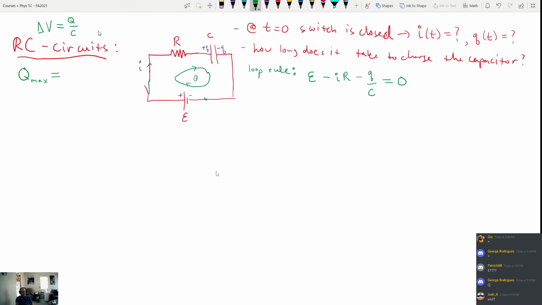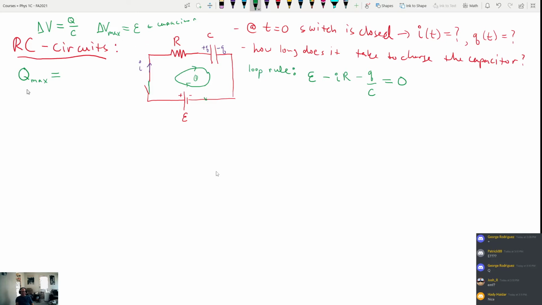So delta V max, in this case, is going to be equal to the EMF. This is for the capacitor. Okay. The delta V max would be equal to the EMF.